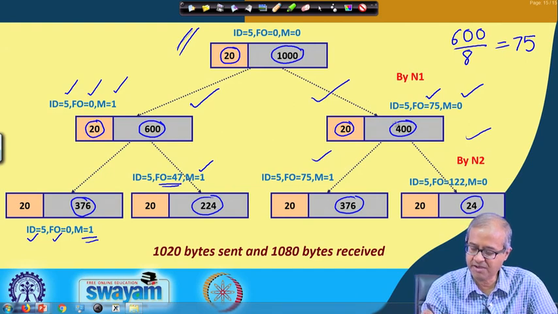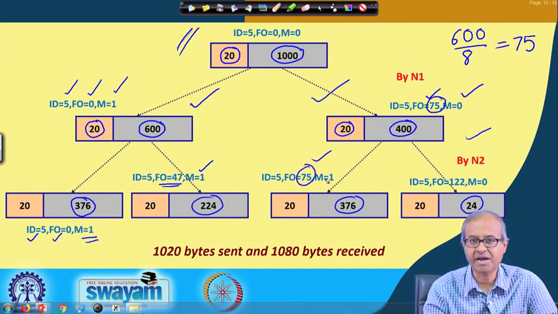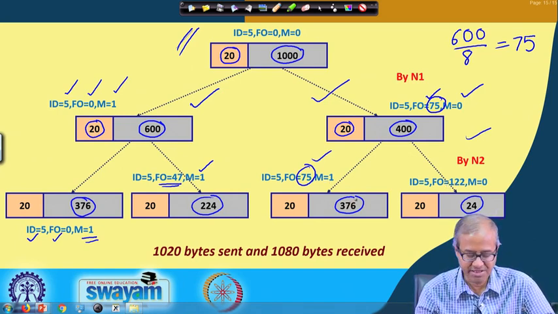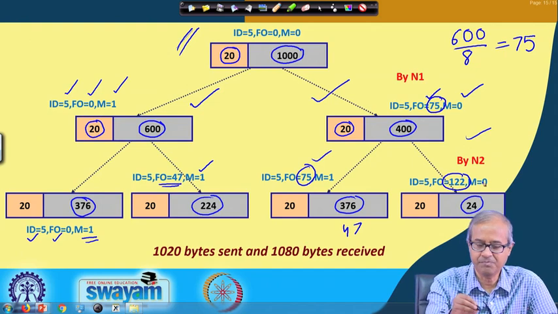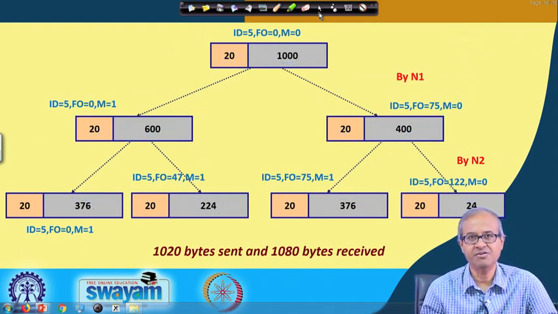The first one will have the same offset of 75, M equal to 1, more packets are there, and the last one will have, you see, 376 divided by 8 is 47, and 47 plus 75 is 122. It will have an offset of 122, and this is the last fragment. So, this is how the packets are all generated when a packet is fragmented.